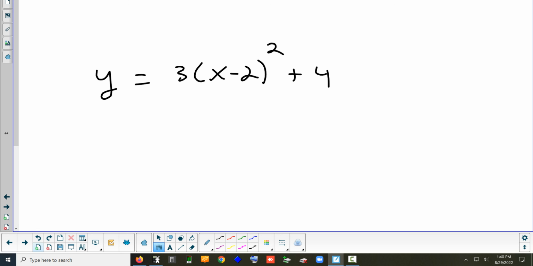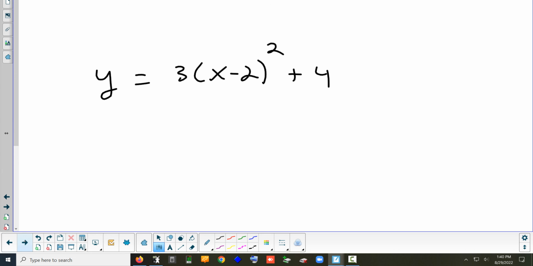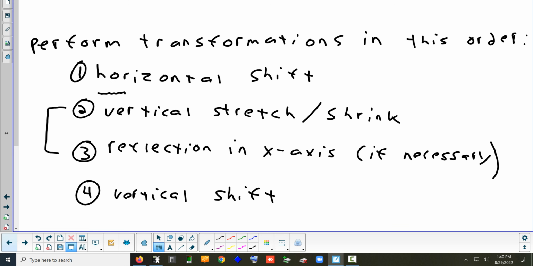First you would square, then you would stretch by 3, and then you would add 4 at the end. So if you follow PEMDAS, it would be the last thing. And of course, inside the parentheses is stuff we do first. That's why this is your horizontal shift. It would be in the parentheses, and you always do parentheses first.